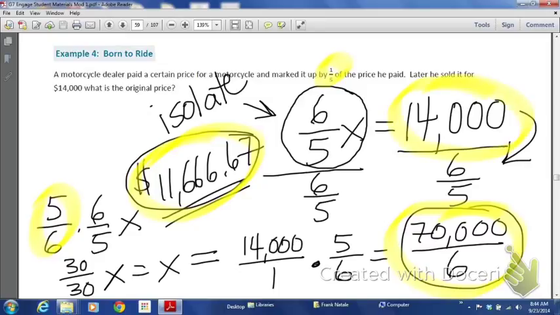Let's look at this a different way. It's very similar, but let me show you anyway.